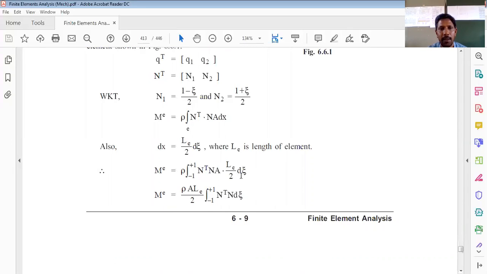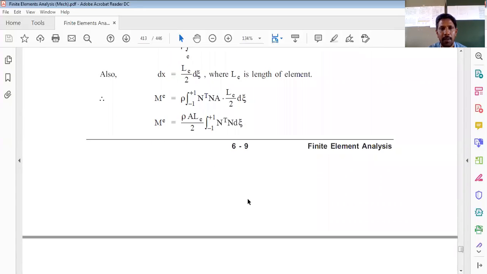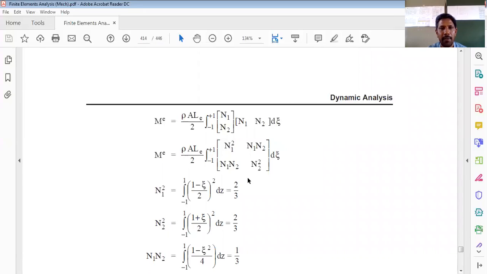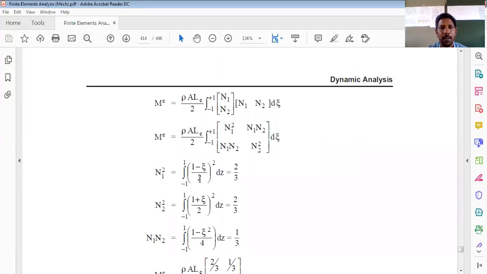As we have converted to natural coordinates, for this element the variation is from minus 1 to plus 1. So it is N transpose N into d zeta. We know that N transpose can be written as N1, N2 as a column matrix, and N as a row matrix N1, N2, into d zeta. When you multiply these two matrices, and we know the values of N1 and N2, we can integrate.